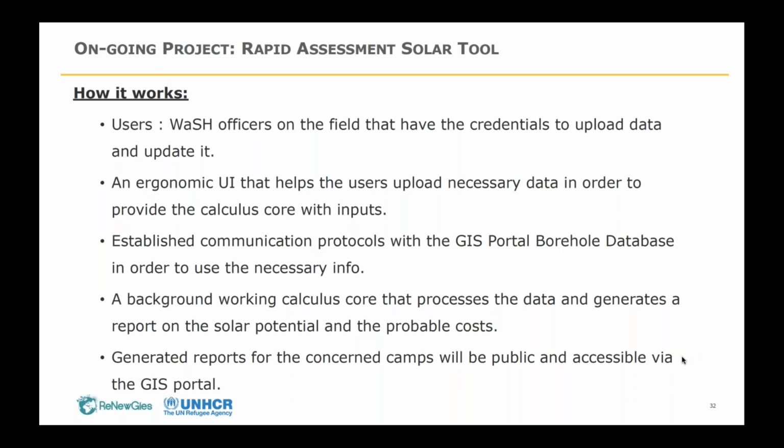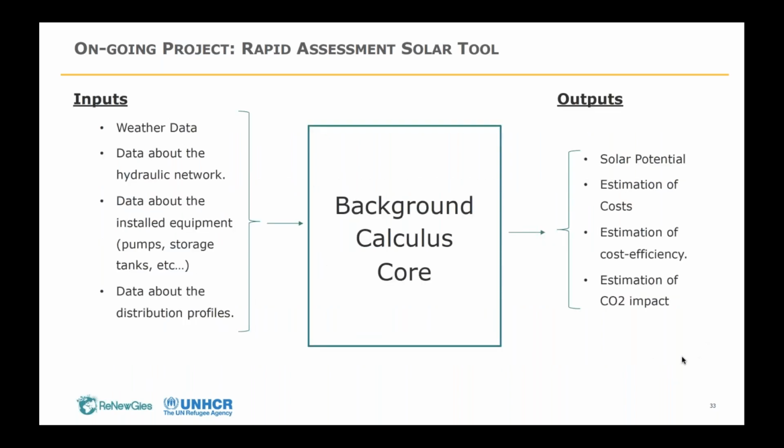On the next slide, we will see the main inputs and outputs of this kind of tool. First of all, we will use weather data, meaning solar irradiation and temperature data, that will not be provided by the user, but will be taken from an outside source.